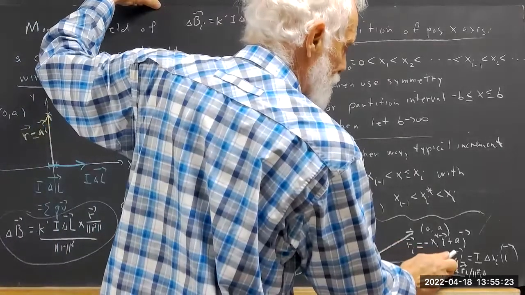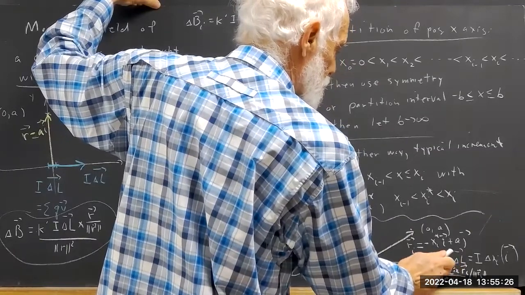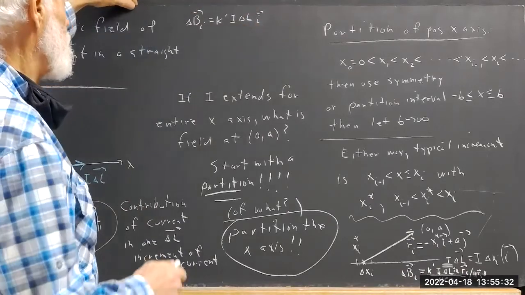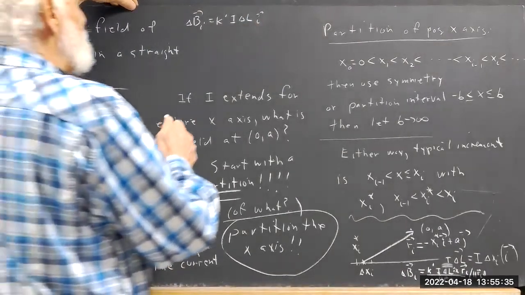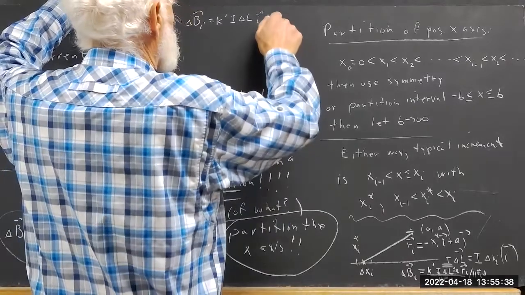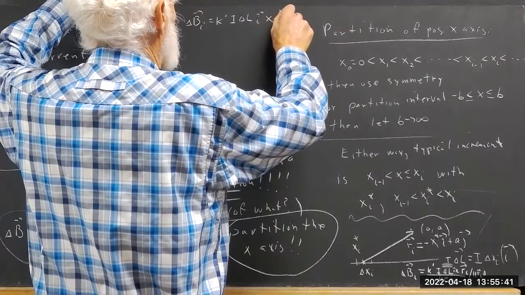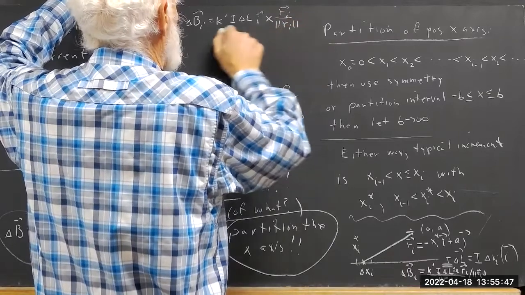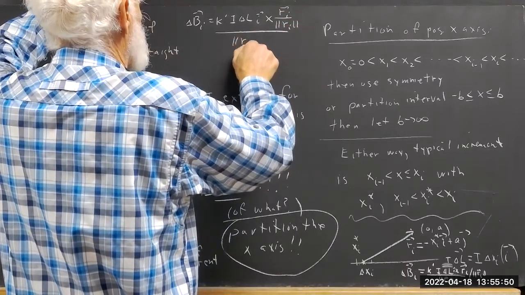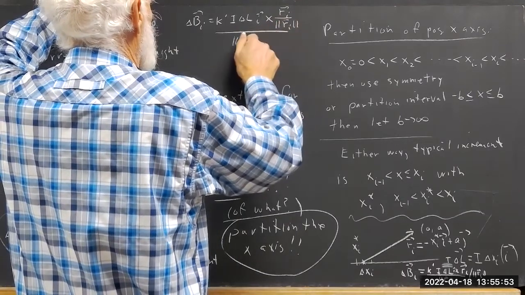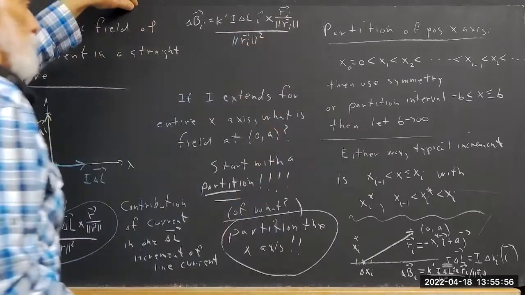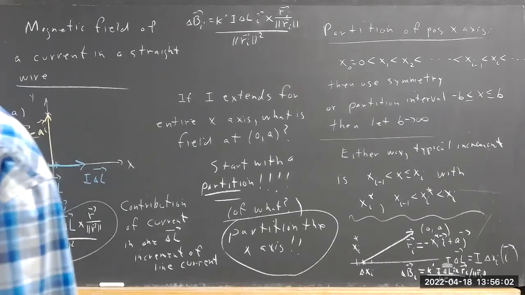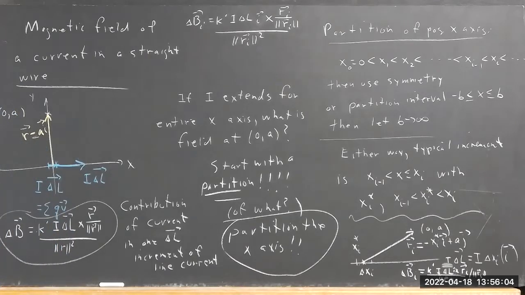I had an arrow over the I delta L, and I'm just going to write it as I delta L times your I vector, put an arrow over the delta L. The I times direction: I del L times the I vector crossed with Ri divided by the magnitude of Ri, all that over the magnitude of Ri squared. And that whole idea needs to get really familiar. There's your source of magnetic field.